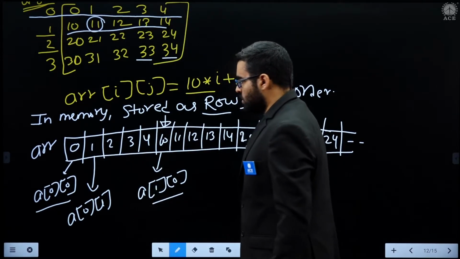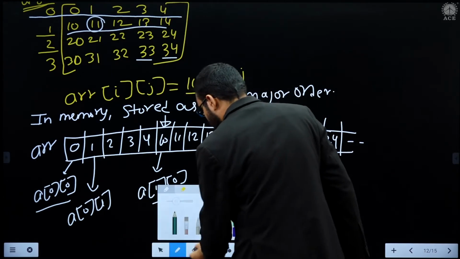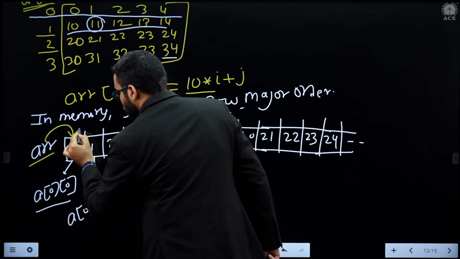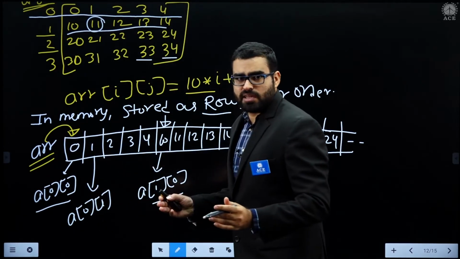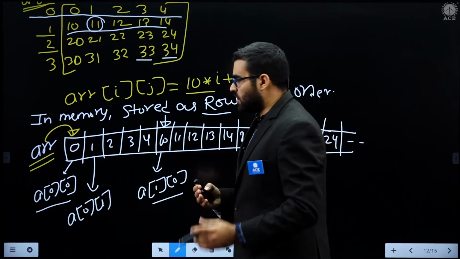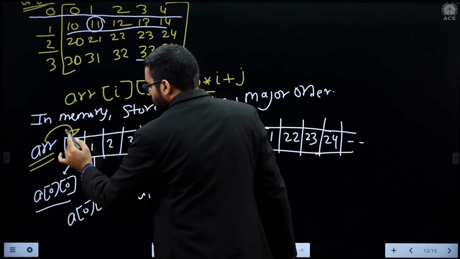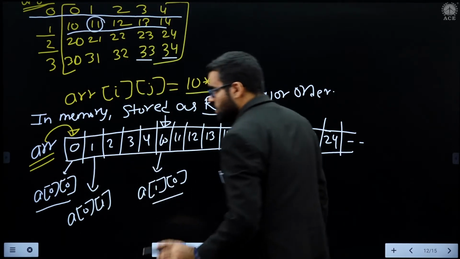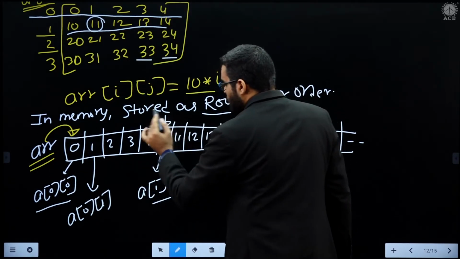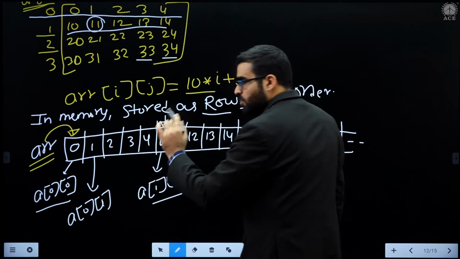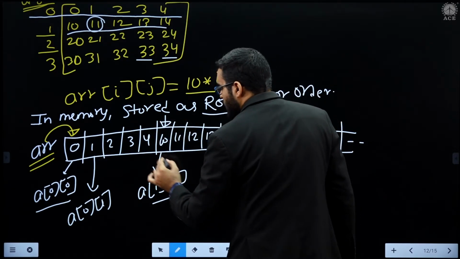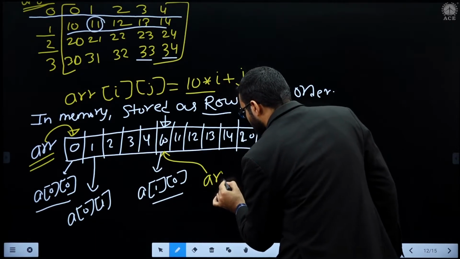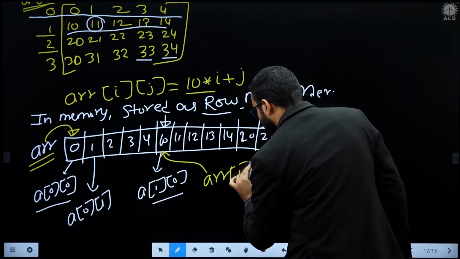Remember, the array name represents the base address of the array, so this ARR points to this location. Similarly, ARR of 1 represents the address of this location.